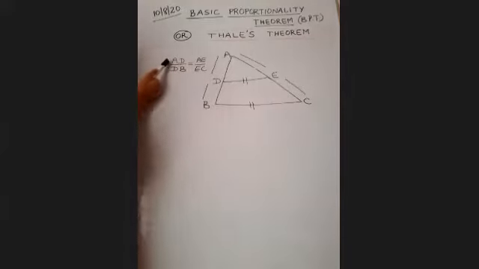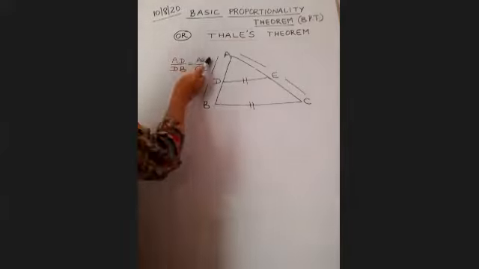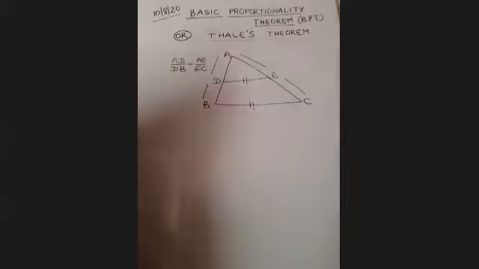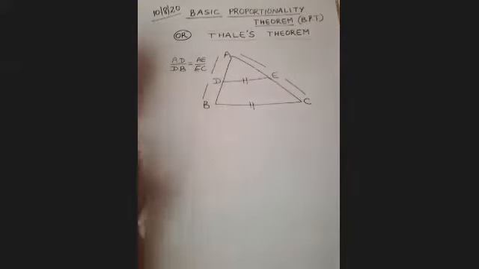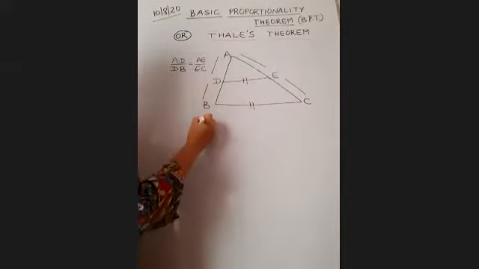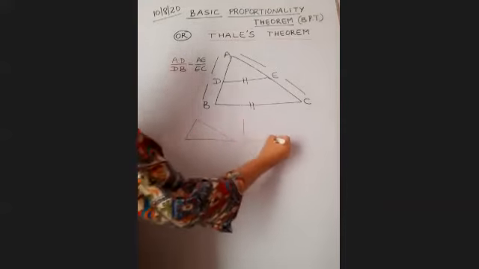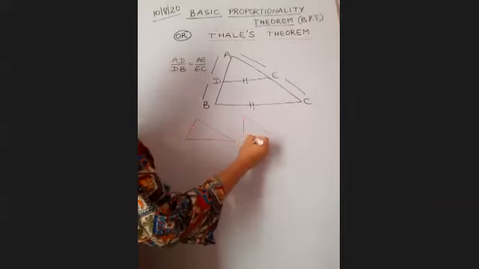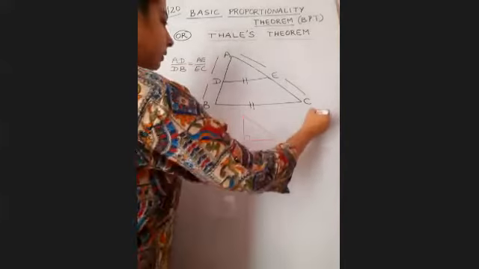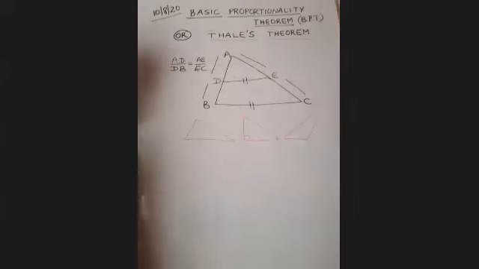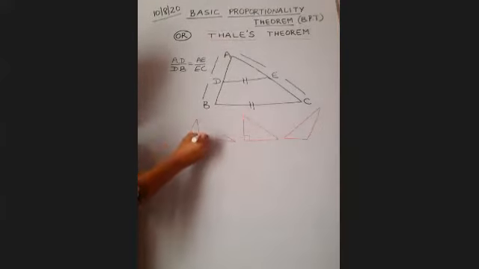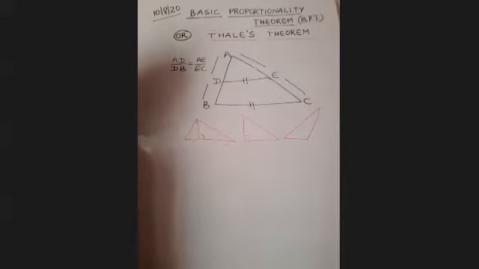So we have to show that AD upon DB is equal to AE upon EC. Now before starting with this, let us understand one concept. We have three kinds of triangles: acute angle triangle, right angle triangle, and obtuse angle triangle. In acute angle triangle, the perpendicular lies inside.